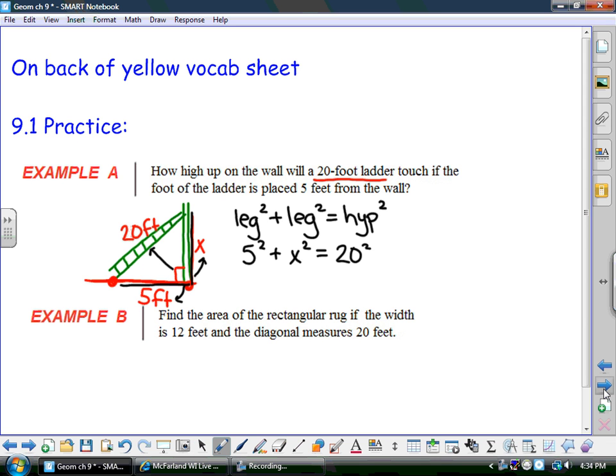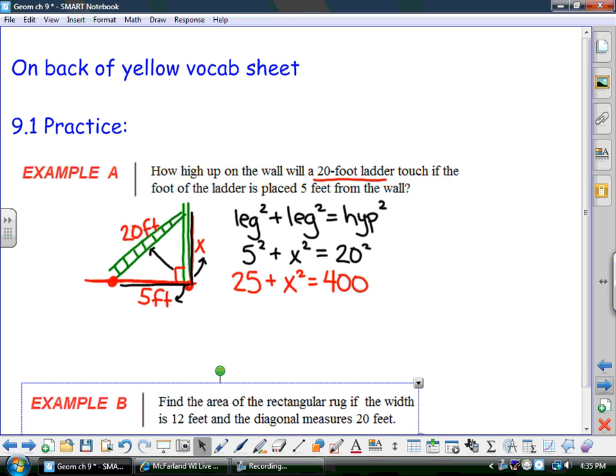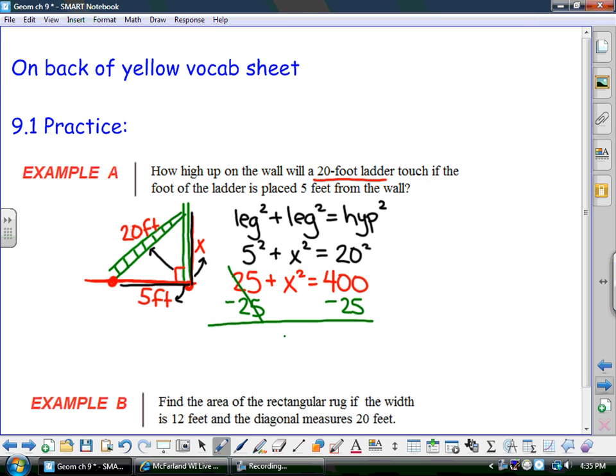Using a calculator or just doing it in your head, 5 squared is 25, and 20 squared is 400. So to solve for x, we need to do 2 steps. First, we need to subtract 25 from both sides. And then to undo something squared, we need to square root both sides.